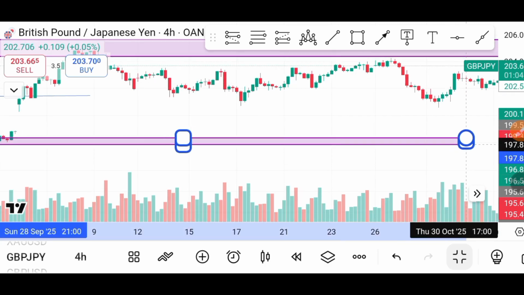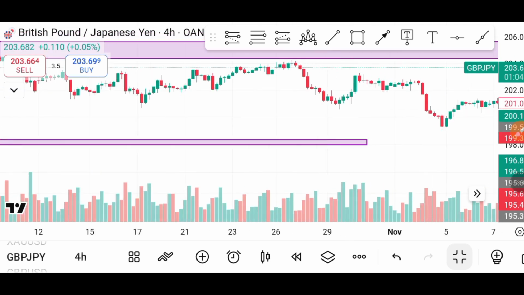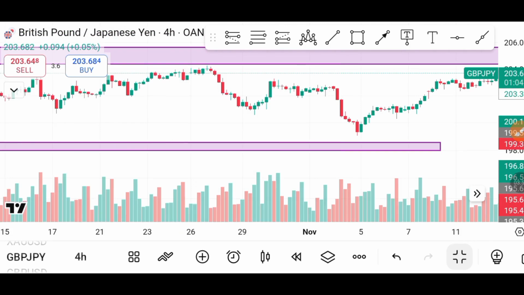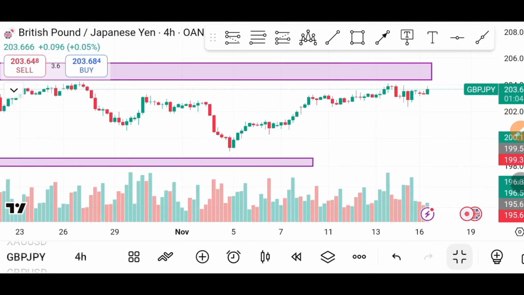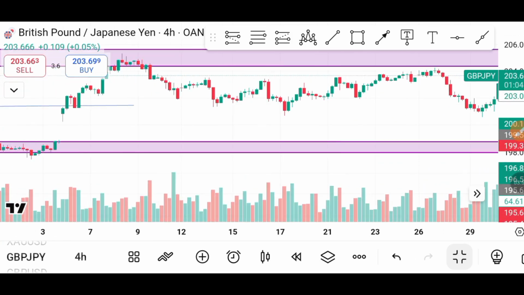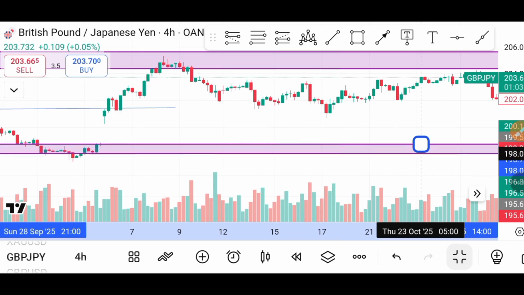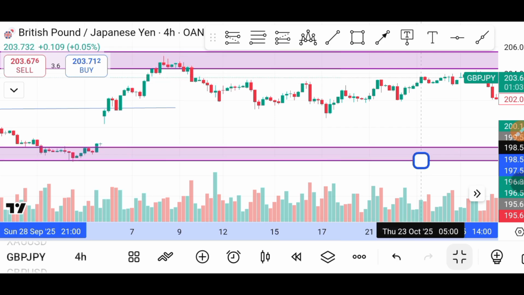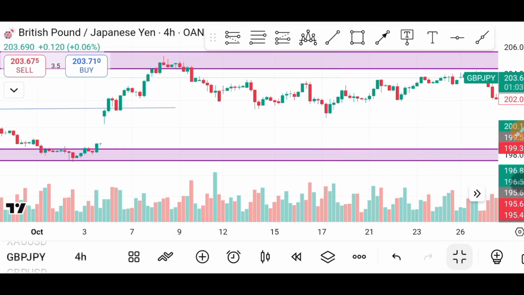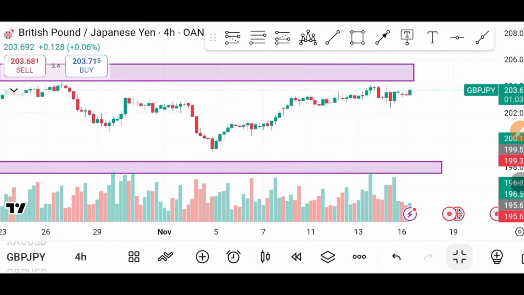We have to refine it properly to suit the area we're looking at, and let's adjust it a bit more. So this area is still very much relevant. So this is the order block here.